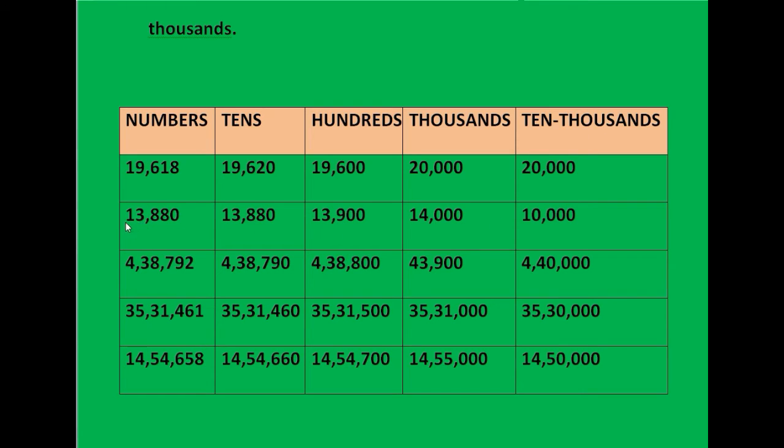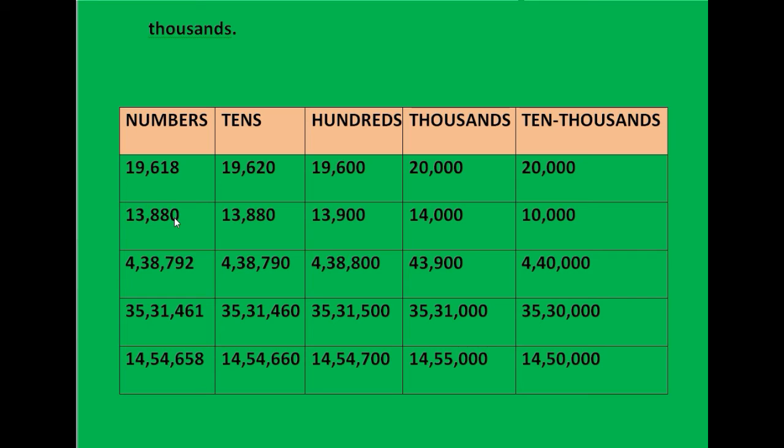Next number is 13880. Now, rounded off to tens: see the tens digit, that is 8, and the digit to the right is 0, which is less than 5.